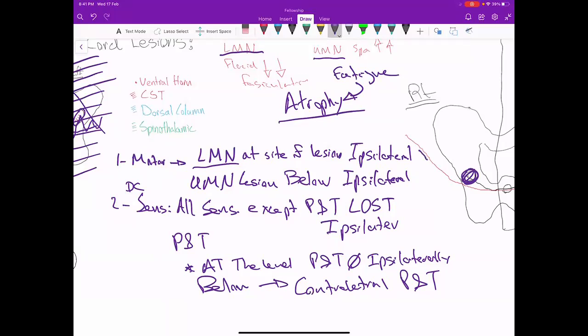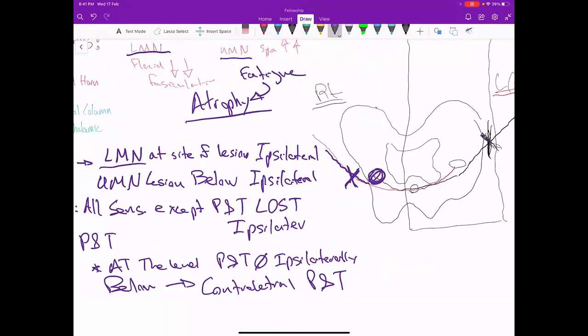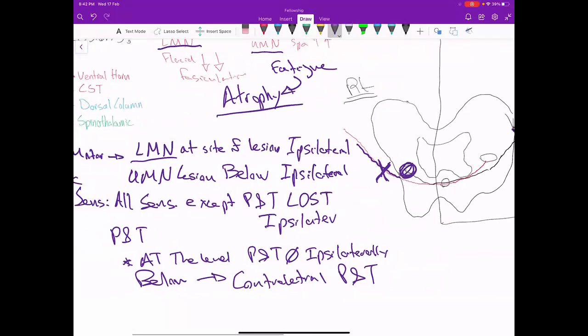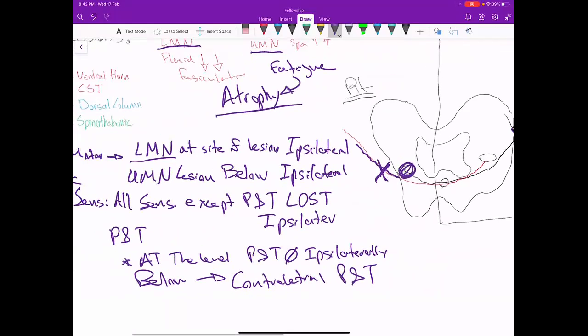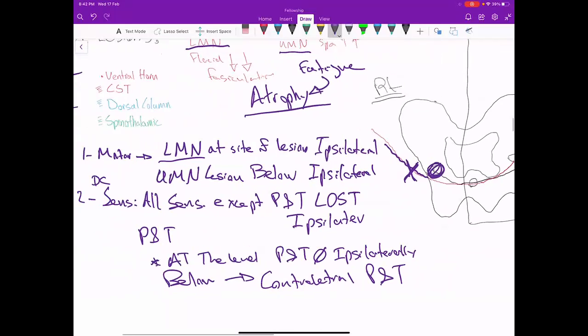But the spinal nerve at this segment, which enters and relays to the vertebral body above, which is not damaged, but the sensory nerve itself is damaged as a result of the loss of half of the vertebral body. So that is why at the level of the lesion, you don't lose bilateral. No, you lose just the same side. Okay.